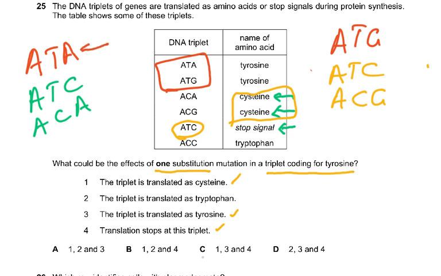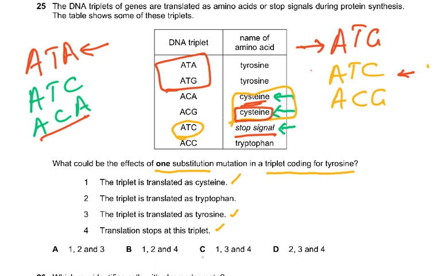Now I've told you how a base substitution will result. So it can become ATC. The ATC is a stop signal. ACA is cysteine. And ATC is again a stop signal. And ACG is again cysteine.